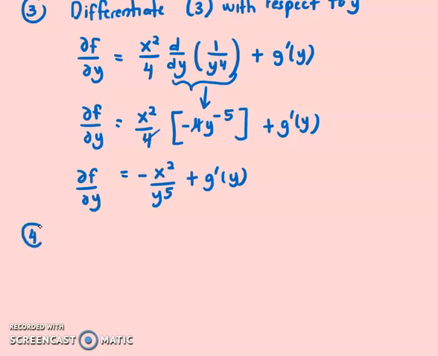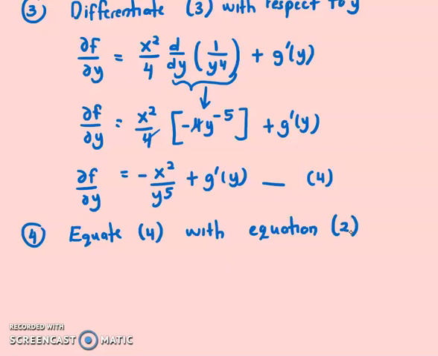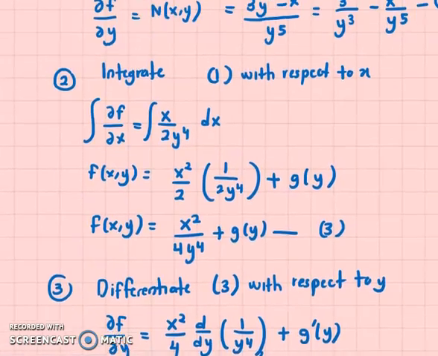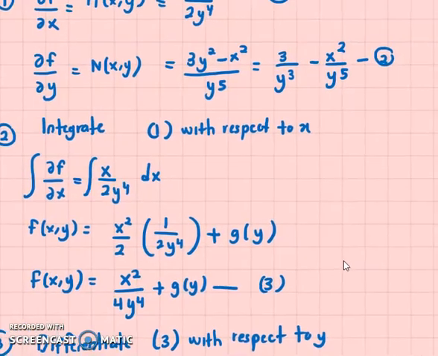Now step number 4 is to equate. Let's call this equation number 4. Equate equation 4 with equation 2. Now what is equation 2? If you look at equation 2 earlier on, this is our equation 2.